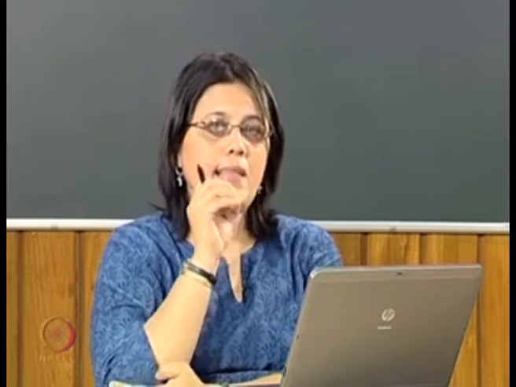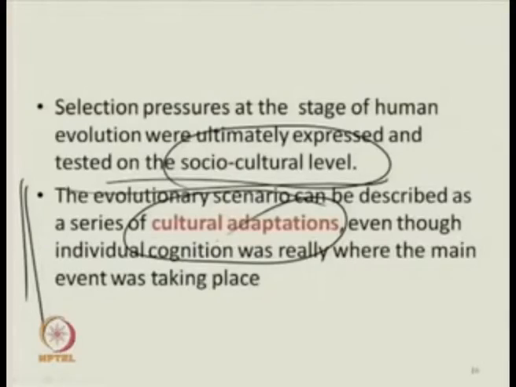Now we have a scholar who's telling us that these are also at the same time cultural adaptations. So the evolutionary scenario can be described as a series of cultural adaptations, even though individual cognition was really where the main event was taking place. So we are going to look at these changes also as cultural changes, even if they're happening in the brain and in the body. These are not simply to be considered only as biological physical changes.